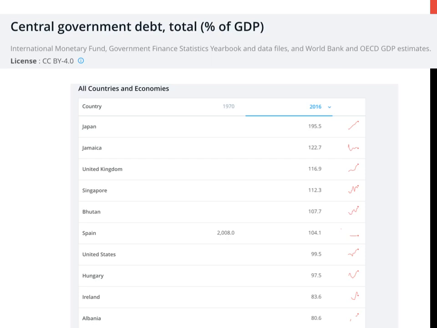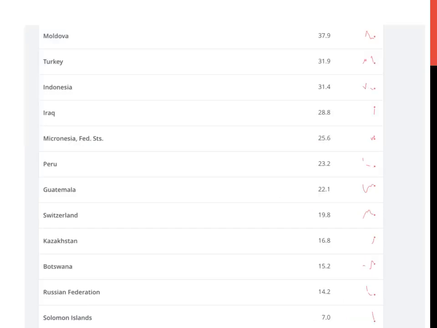And so while there are many countries with rather high levels of debt at 100% of GDP or higher, there are also many countries with very low levels of debt. For instance, Peru has a 23.2% debt to GDP ratio, Switzerland 19.8%, the Russian Federation 14.2%.